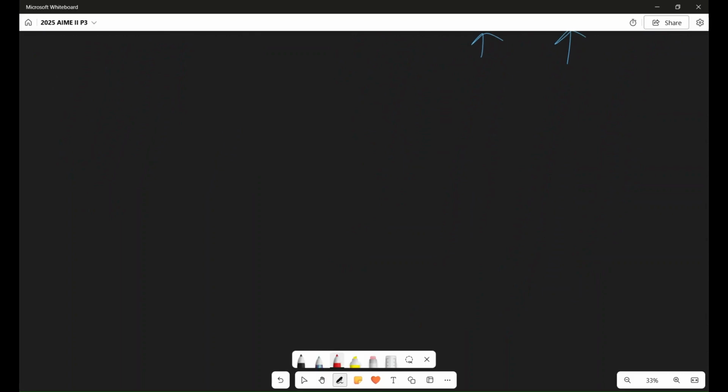Our next case is when we have 2 red edges. Now here we need to be careful because there's actually 2 subcases: if the 2 red edges are opposite of each other, or if they're adjacent to each other. If they're opposite of each other, the blue edges will also be opposite, and if they're adjacent, then the blue edges will also be adjacent.